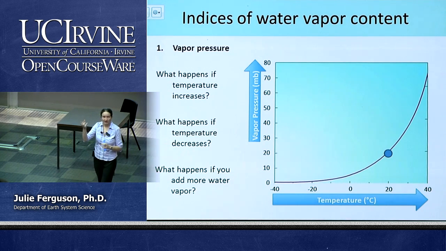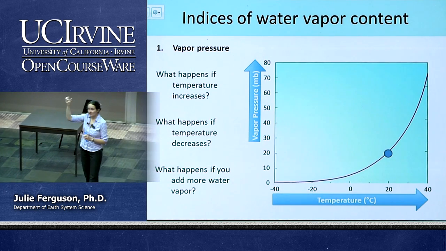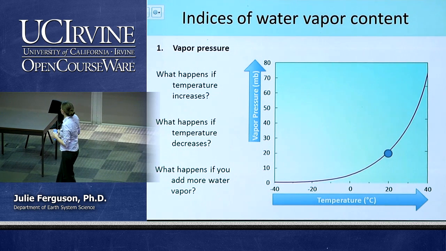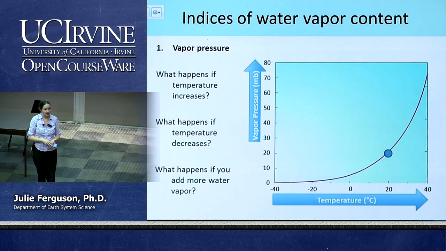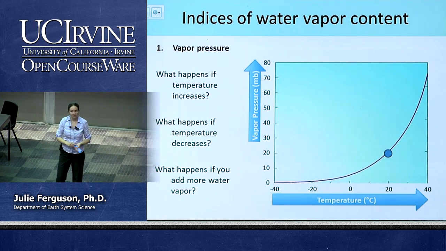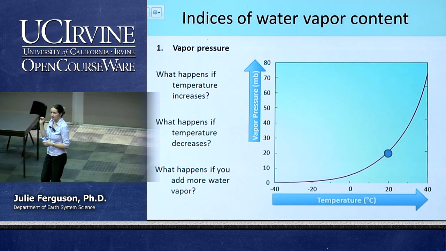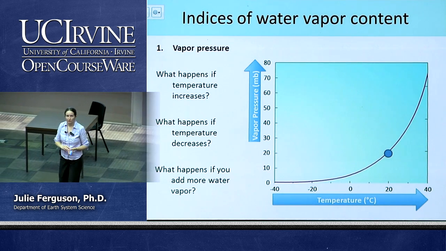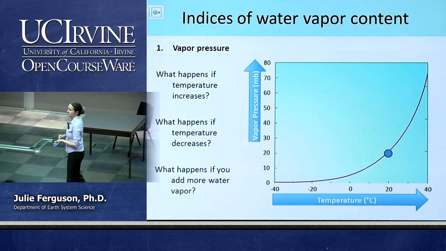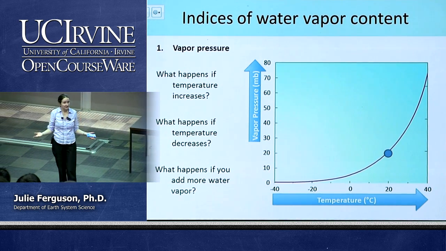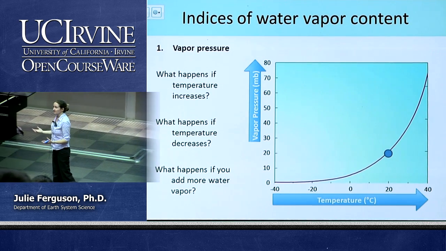Okay, so there's more evaporation, there's more water vapor molecules in that space, and so we can sort of have more evaporation happening. So what happens if I decrease that temperature, if I go from maybe 0 degrees Celsius to, I don't know, minus 10 degrees Celsius, and let's ignore the fact that it would be frozen at that point? What would happen to some of those water vapor molecules? We'd get condensation, right? So we'd condense.